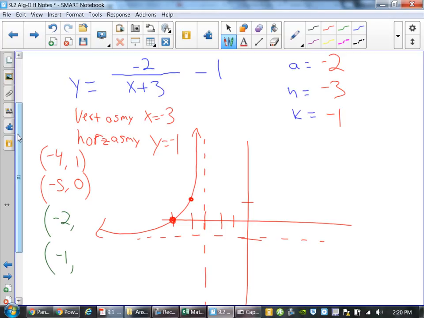What's -2 plus 3? 1. What's -2 divided by 1? -2. What's -2 minus 1? So at -2, I'm at -3.